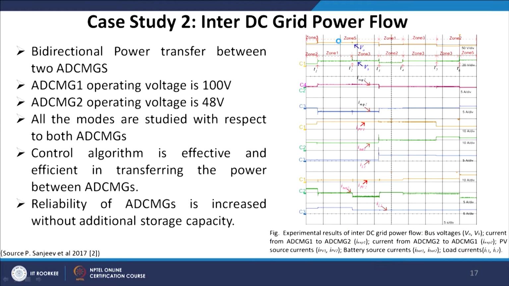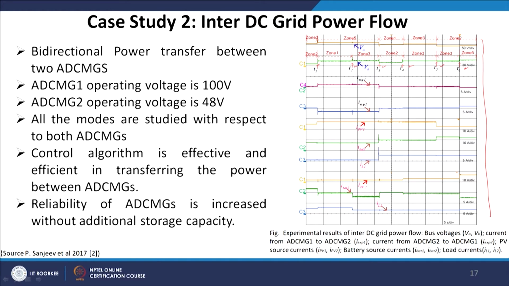Both the microgrids are autonomous, and you can see the experimental results of two microgrids. We have considered the time zones T1, T2, T3, T4, T5 and T6.